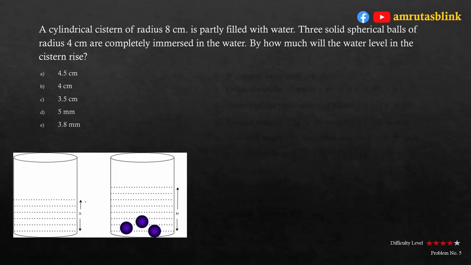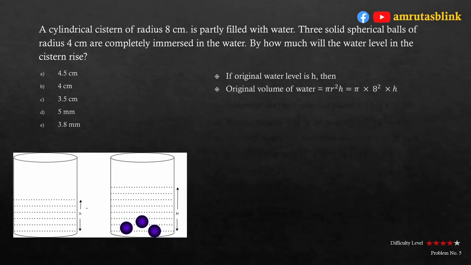is small h. Now in the second figure, what you are doing is immersing 3 spherical balls into this cistern, because of which later on, let's say the increased height is capital H, and initially the original height is small h. So if we assume the original water level is small h, then from that we can find out the original volume of water.